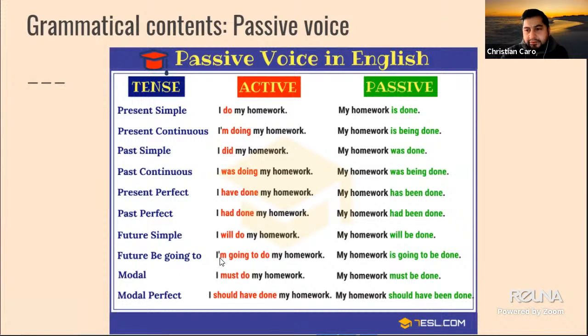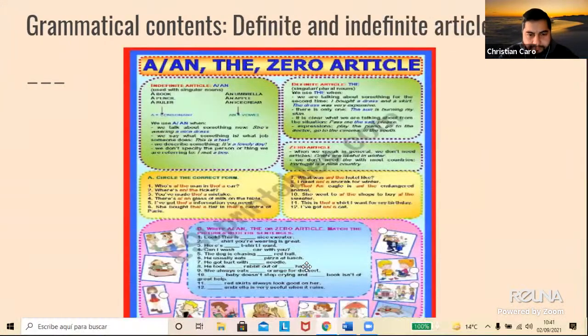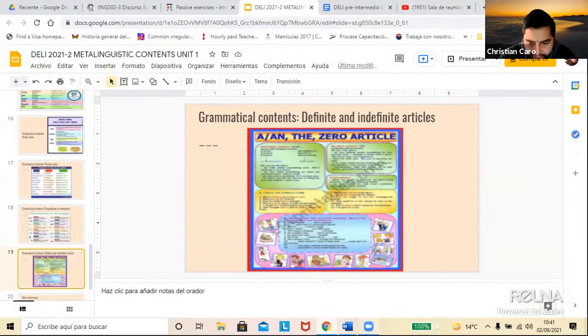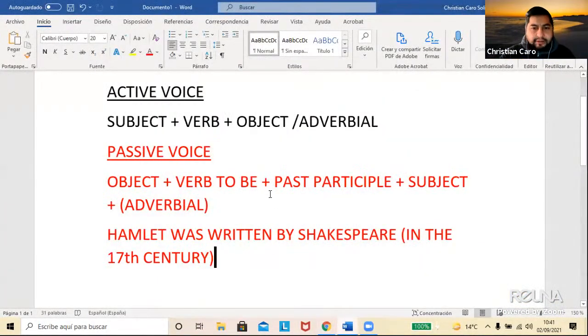So we need to discuss a little bit more about the structure. So, hold on a sec. I'm going to show you this thing. So we got the active voice formula, which is like a general formula, right?